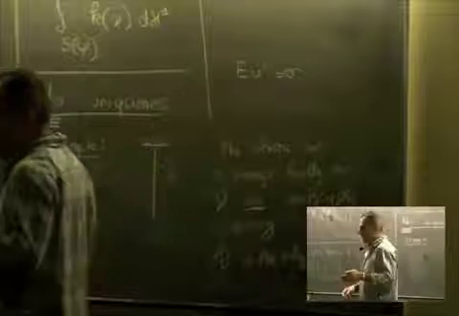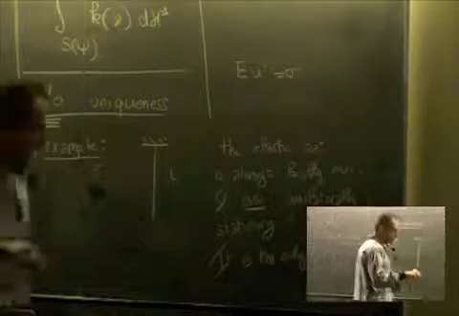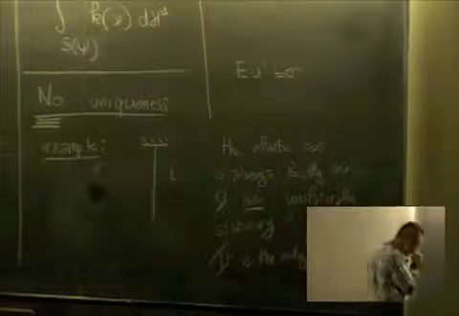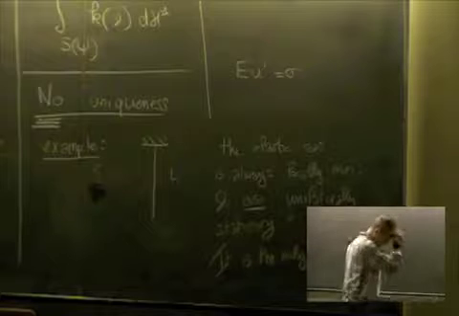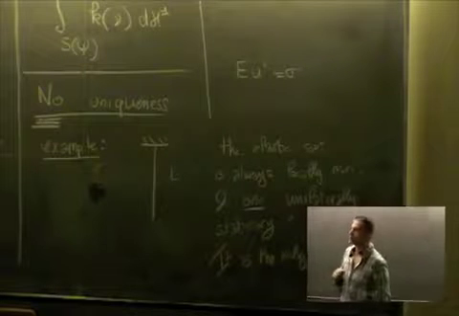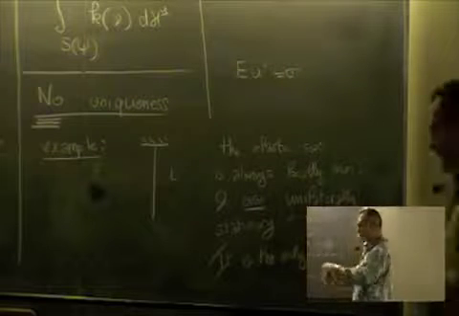Of course, it's a stupid example, but okay. And then there's another example which is worked out in the notes where you see the opposite. There's uniqueness. It's a tearing.